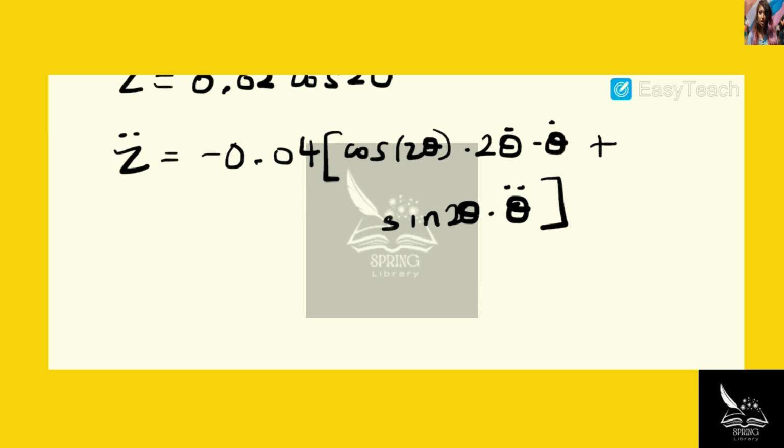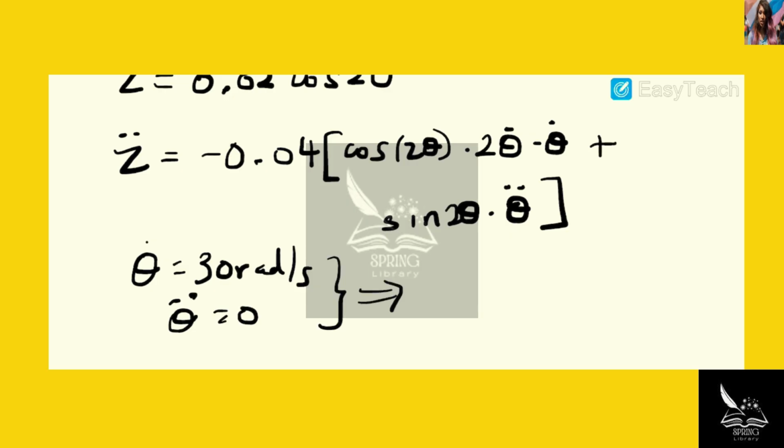And for theta dot equal to 30 radians per second and theta double dot equal to 0, this gives us a z double dot that's equal to negative 72 cosine 2 theta.